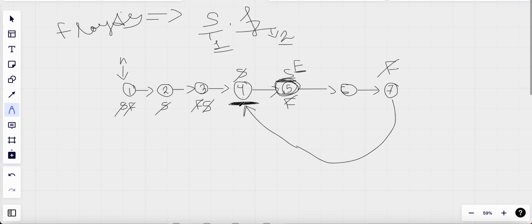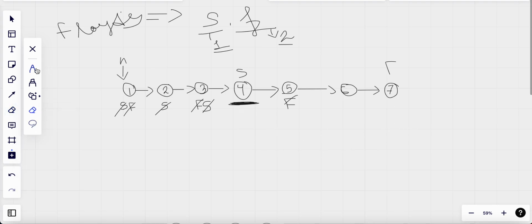Let's suppose there was no cycle, that would mean 7 would point to null.